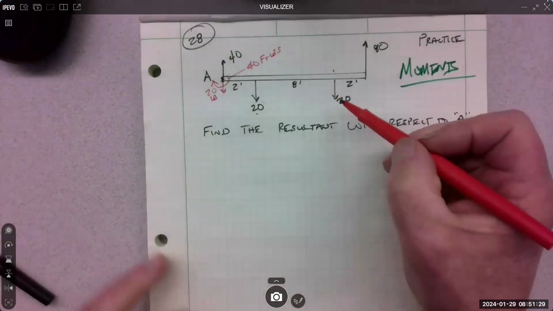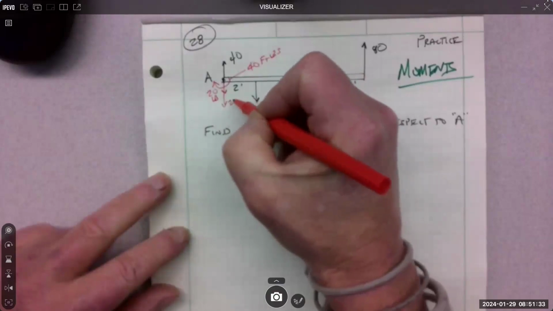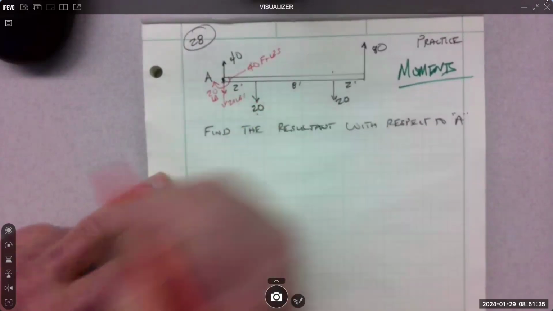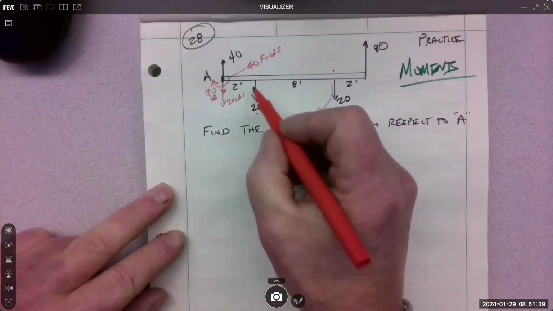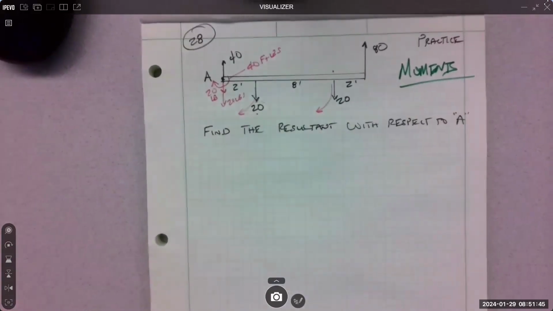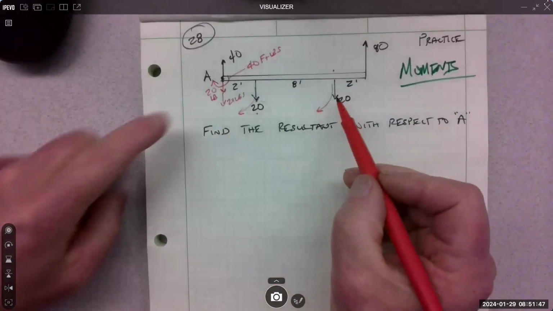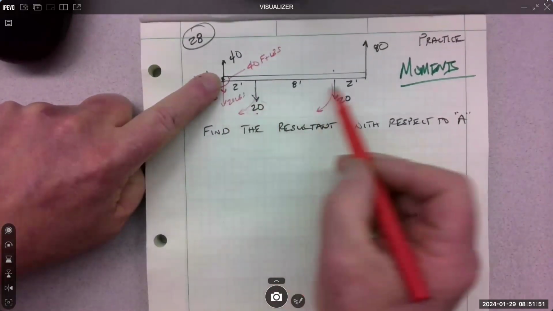Then we've got to bring this 20 over. So that's another 20 pounds, and another rotation. Those are both clockwise rotations. Just got to keep track of which way they go. And this one's 20 times 10.